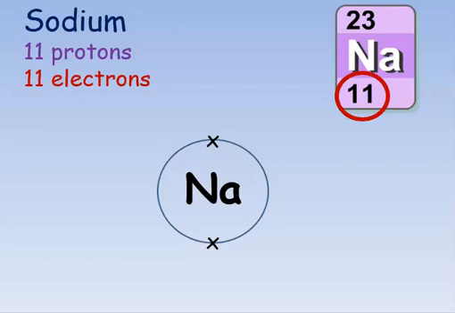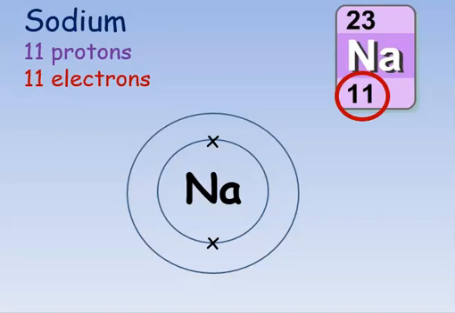We still have 9 electrons left, so we are going to draw the second shell and try to remember how many electrons we could put in the second shell. 8. It's 8 electrons that we can put in the second shell. So we're going to start filling up the second shell. And again, we're going to start by putting the electrons as far away from each other as possible.